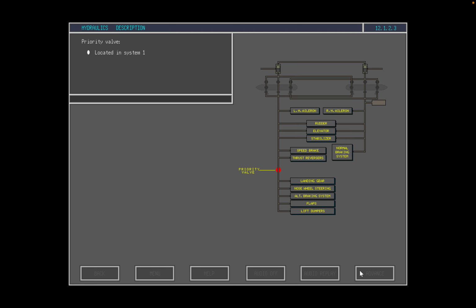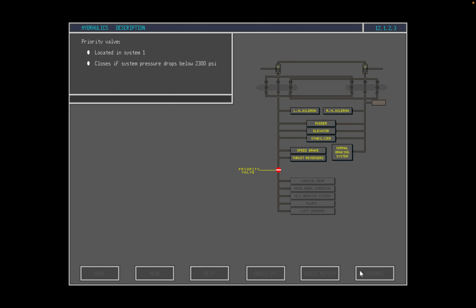To ensure continued operation of aircraft primary flight controls, System 1 contains a priority valve located upstream of the landing gear, nose wheel steering, lift damper, alternate brakes, and the flap subsystems. If hydraulic pressure falls below 2,300 psi, the priority valve closes.